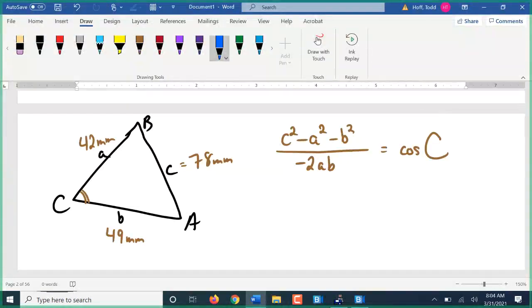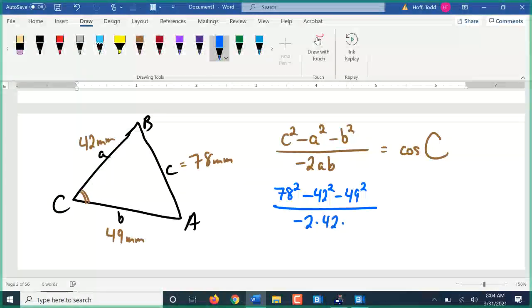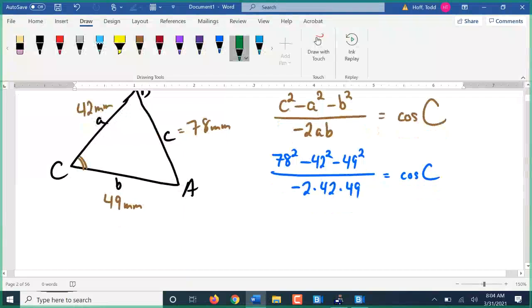That look familiar? So, C is 78 squared, minus A is 42 squared, minus B is going to be 49 squared, all over a negative 2 times A is 42 and B is 49. So here again, I'm going to do everything on top first.